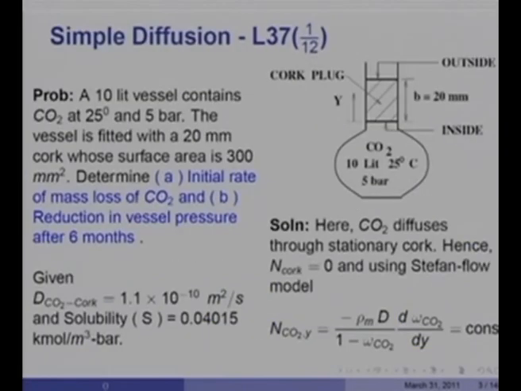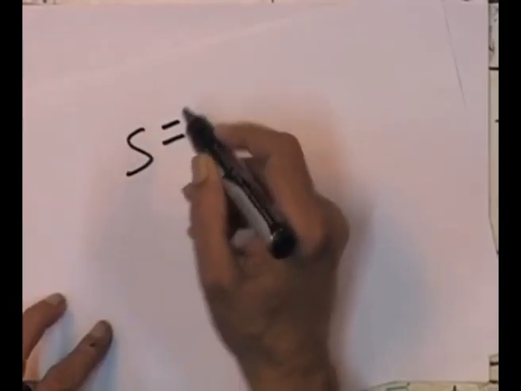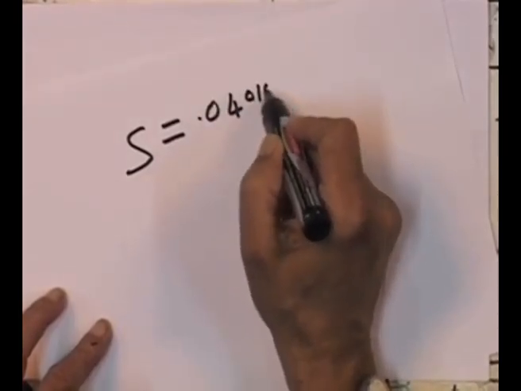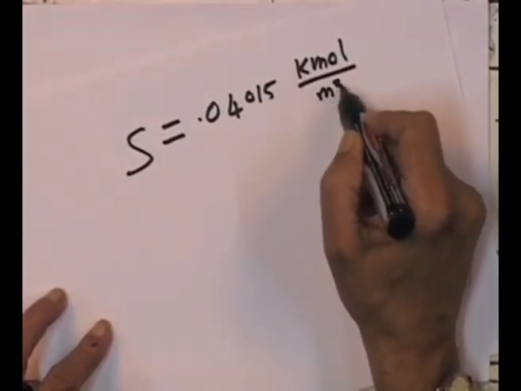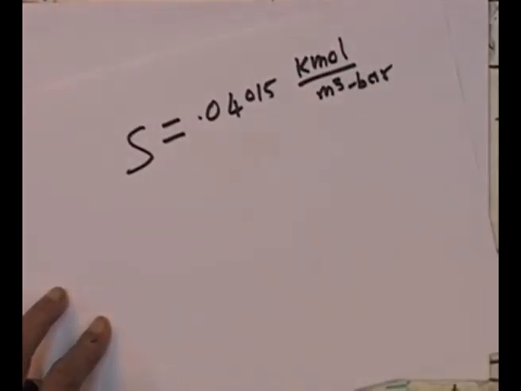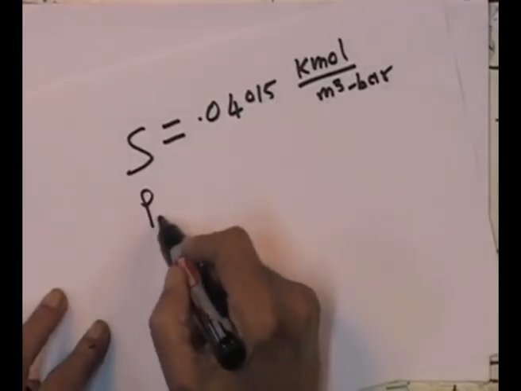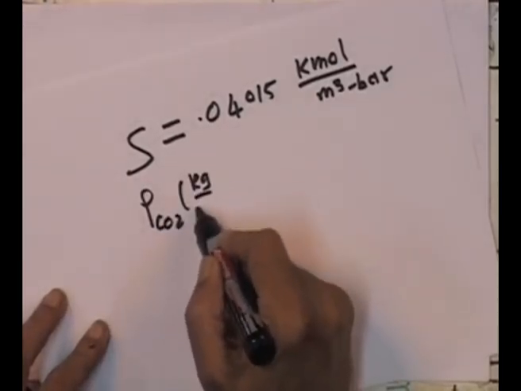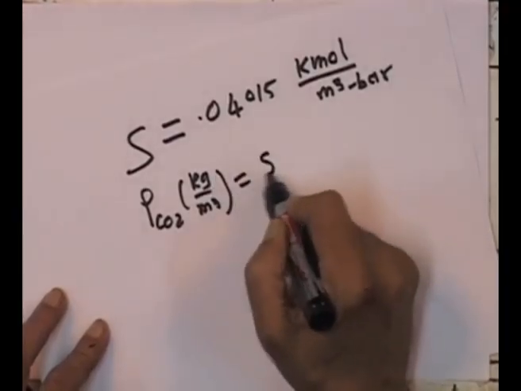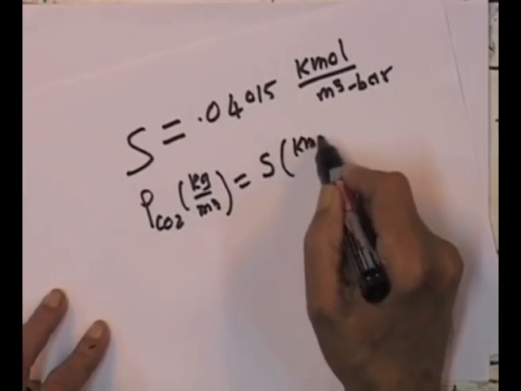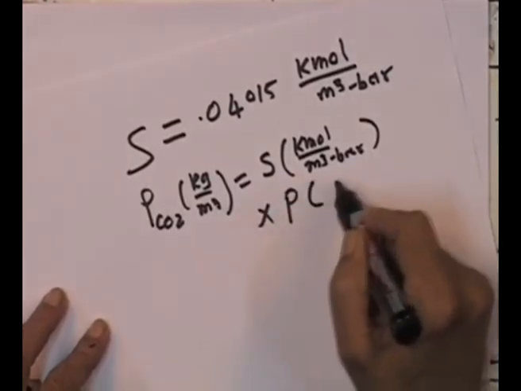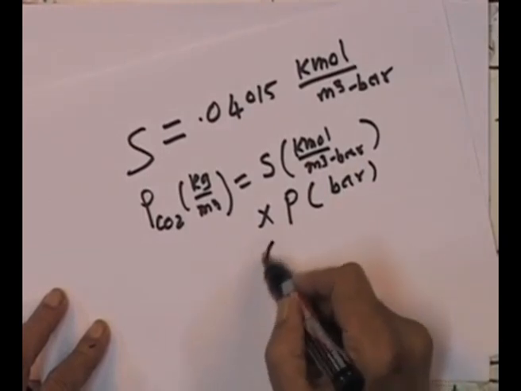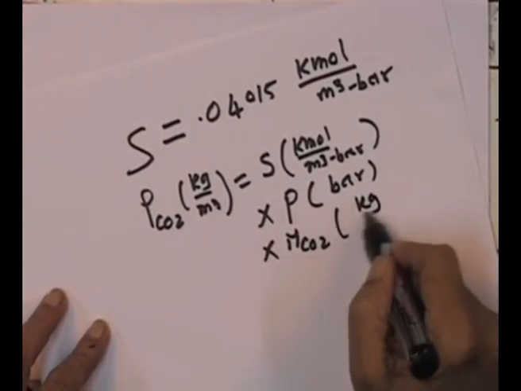Remember, solubility is given as S equal to 0.04015 kilomoles per meter cube bar, and therefore, on the next slide I calculate rho CO2, which in kilograms per meter cube would be given as S, kilomoles per meter cube bar, multiplied by P, which is in bars, multiplied by molecular weight of CO2, which is kilograms per kilomole.